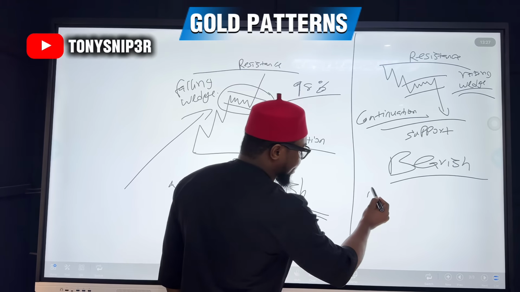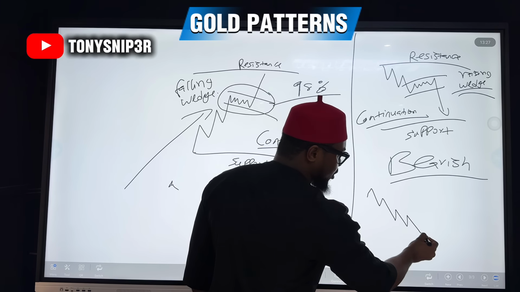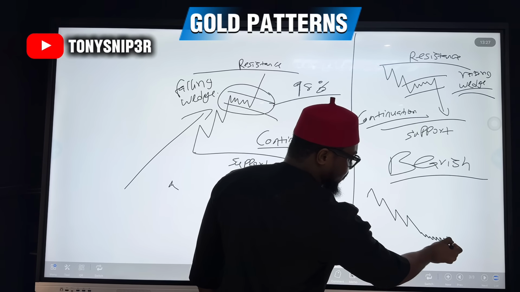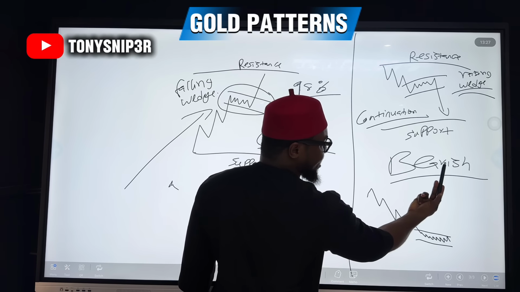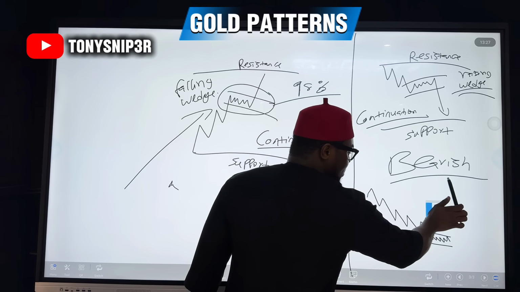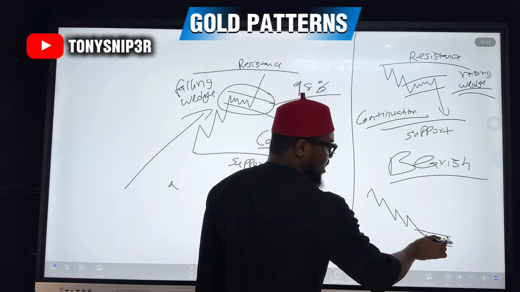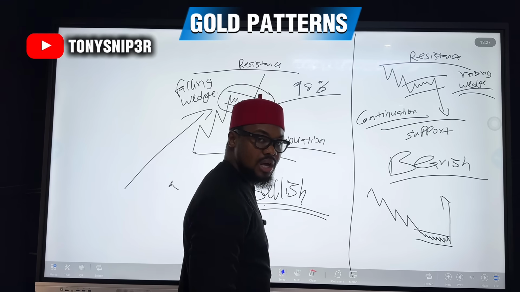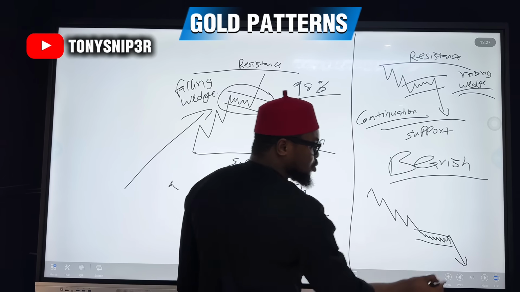Example, the market is like this. It's selling, right? Then you start seeing a falling wedge. Immediately you see this falling wedge, because it is not rising, you say, oh, this market is exhausted, it will break out now and start pushing. Remember, if it's rising, it will be pushing to the upside like this. All of a sudden, immediately you enter the chart, another dump continues.